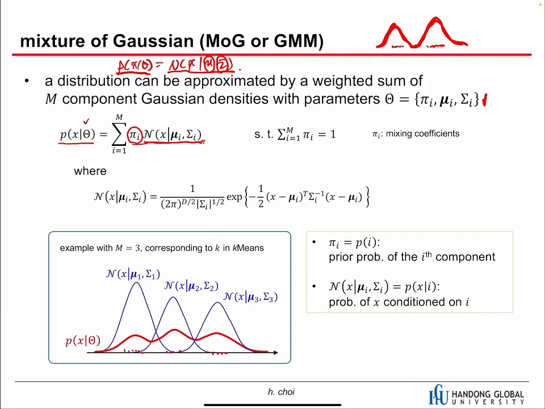The first Gaussian distribution is in charge of taking care of these samples, and this one should model these samples, and this one should model this one. So basically we have three Gaussian distributions with different means and sigmas.